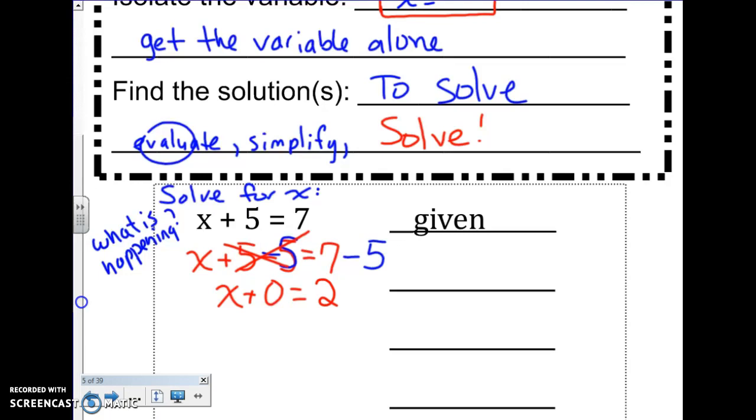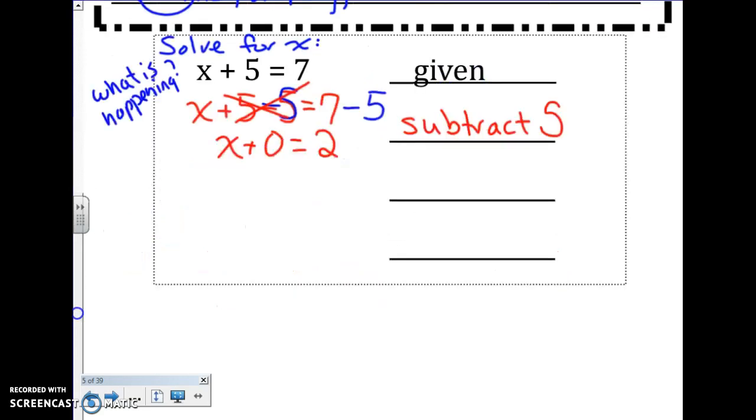It's 2. So what I did here was I subtract 5. Then you simplified. And then 0 plus anything is just that anything. So x equals 2.